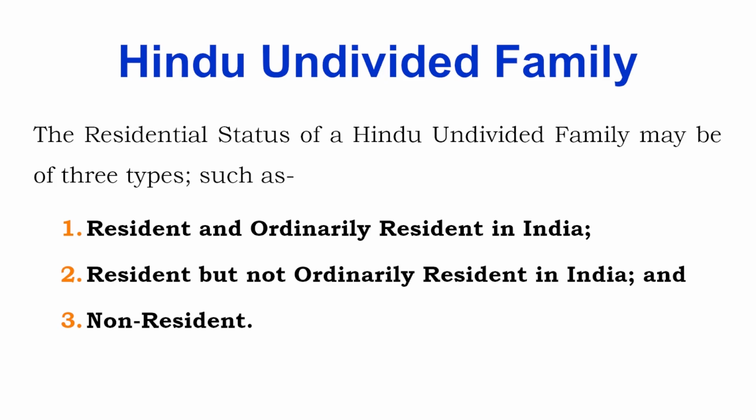Now, let's see the case of a Hindu undivided family. The residential status of a Hindu undivided family may be of 3 types: resident and ordinarily resident in India, resident but not ordinarily resident in India, and non-resident.